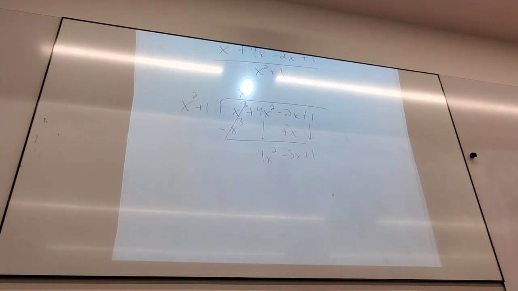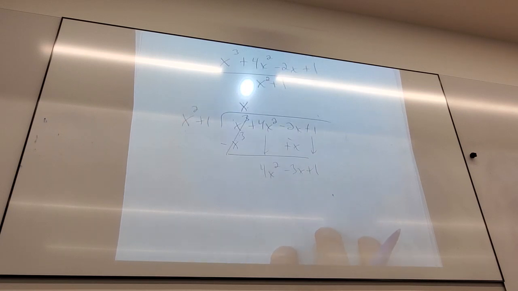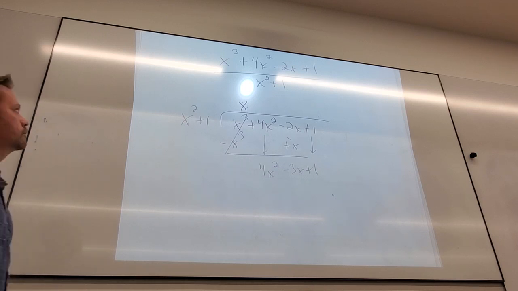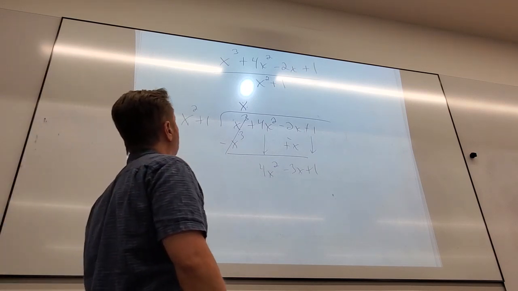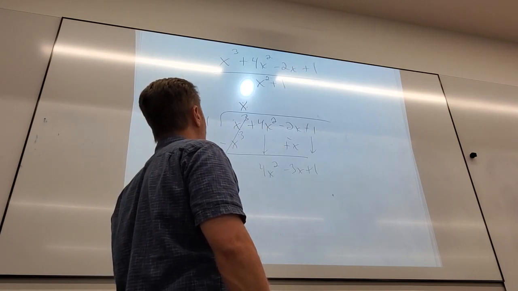Let me stop for a minute. The book shows them putting the quotient above the like terms. If in the quotient you have an x, then they put it in the x's spot.